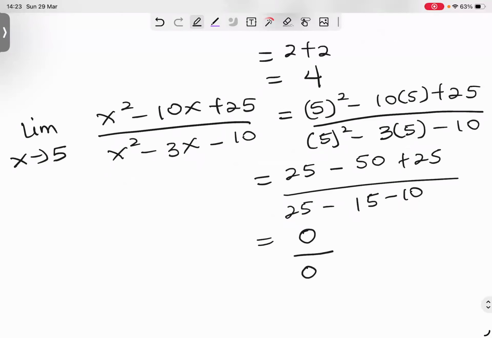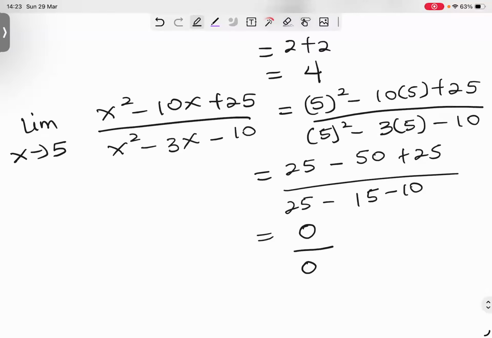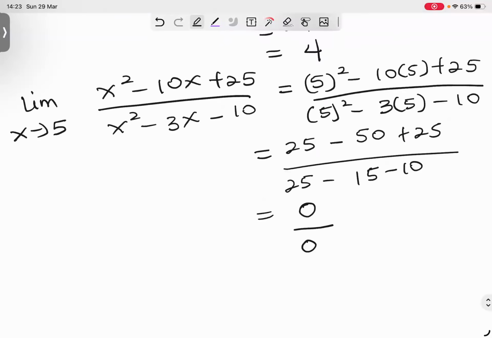So 0 over 0 is what we get if we apply direct substitution. 0 over 0 is said to be indeterminate, meaning we cannot use the function as it is to determine whether the limit exists or does not exist. Therefore, we need to go back to the function and simplify it further.